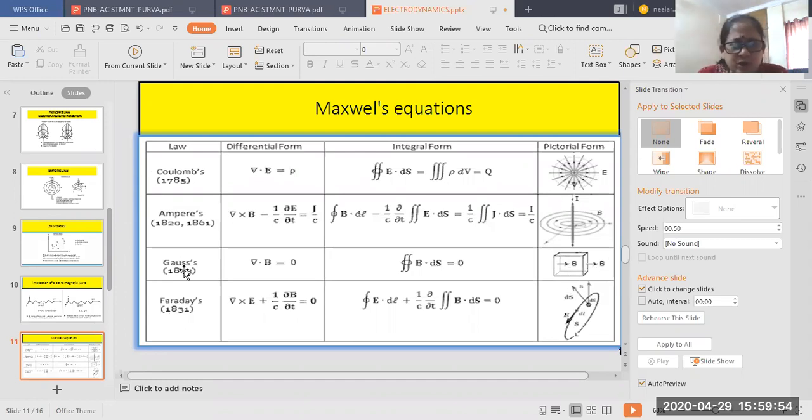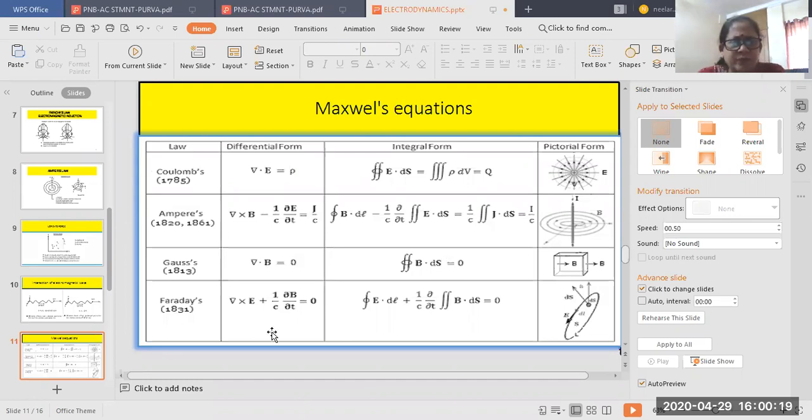Because I am talking about Gauss law, and Gauss law always talks about a closed surface. Within the closed surface, if you keep an electric charge, then this is the Gauss law for the electric field, that is electrostatics, and this is the Gauss law for the magnetic field. So this is the differential form, and this is the integral form.